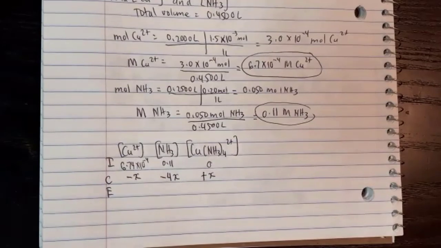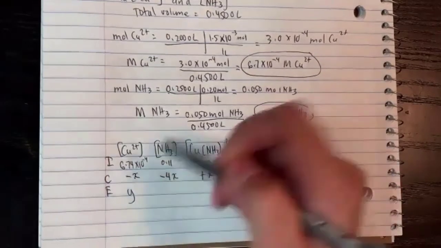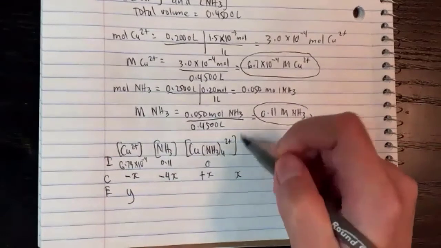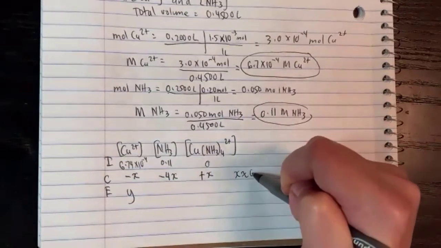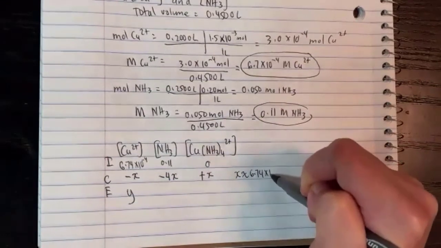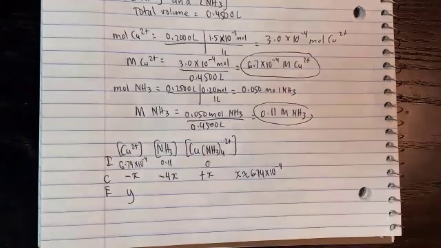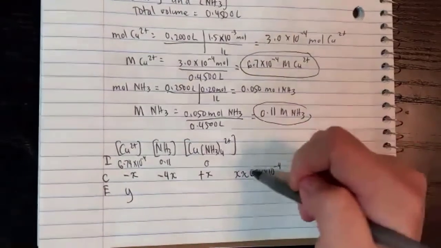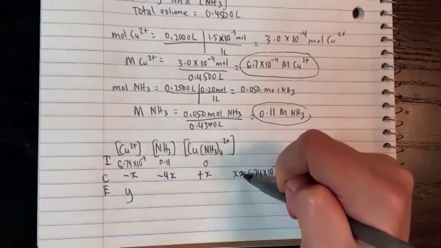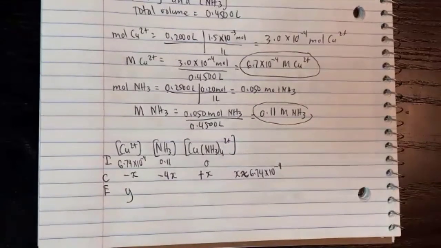I'll call this small number Y, and I'll call my X pretty much 6.74 times 10 to the minus 4. I'm going to use almost all of my copper because it's my limiting reactant there.